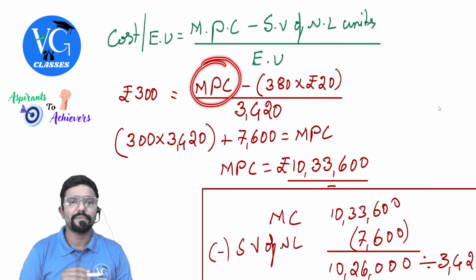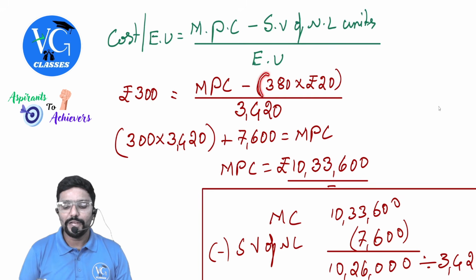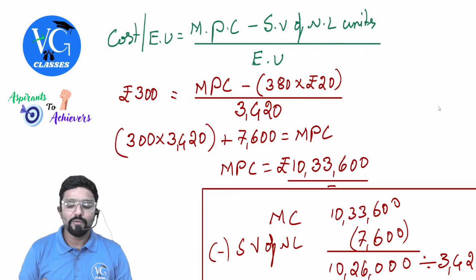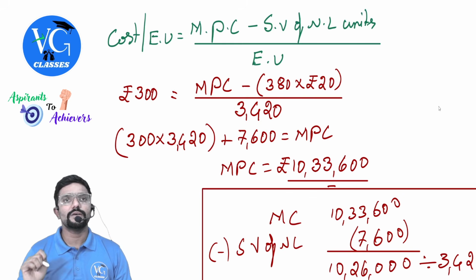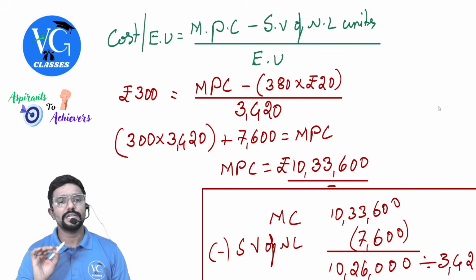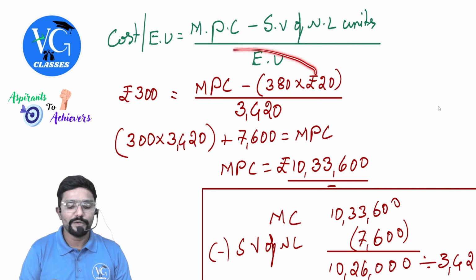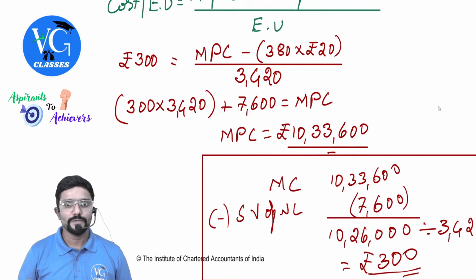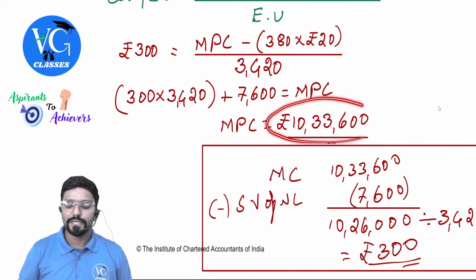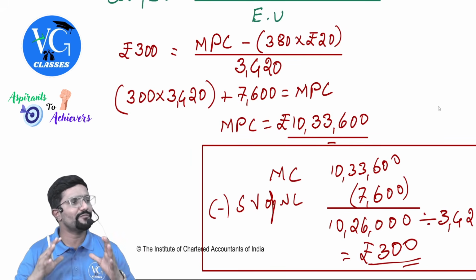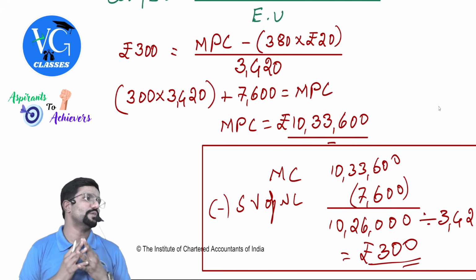Now we don't know the material cost, so I am keeping it as a question mark. Scrap value we know: 380 into 20. Equivalent units for material we know: 3,420. Just cross multiply, 300 into 3,420. Then take the scrap value to the other side; minus will become plus. So the material purchase cost is how much? 10,33,600, guys. It is nothing but the cost of material which is introduced into the process.